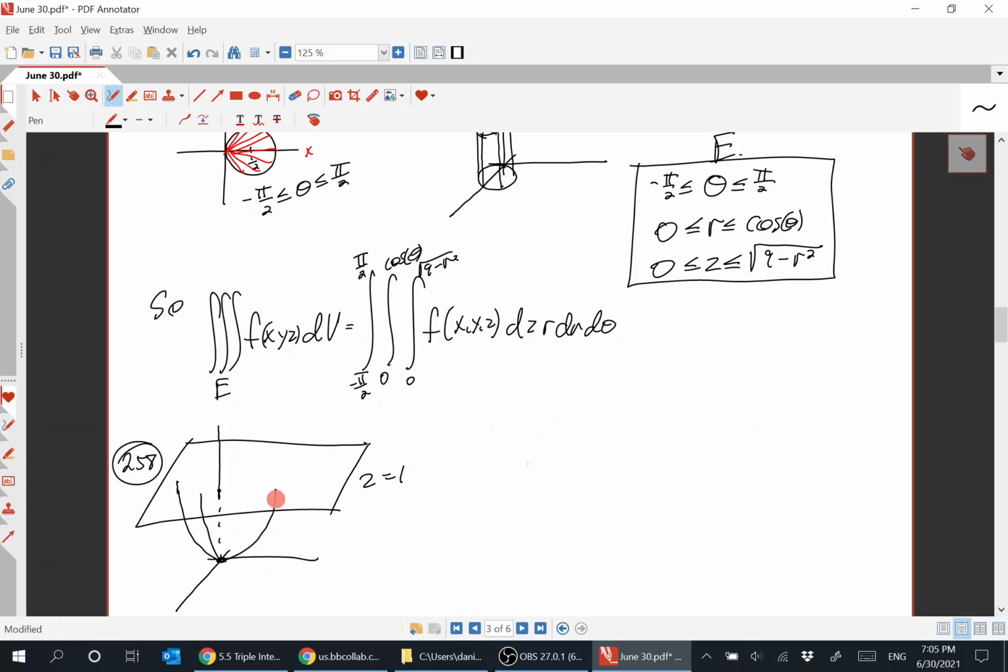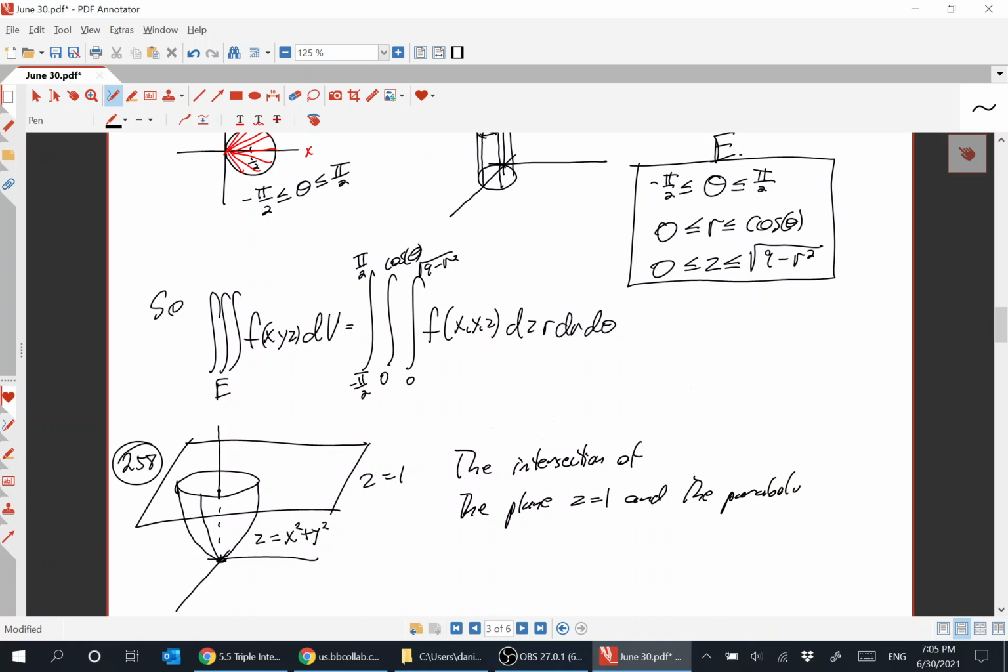So what is the intersection of this paraboloid with that plane? The intersection of the plane z equals 1 and the paraboloid z equals x squared plus y squared is described by, well, you have the two expressions for z.